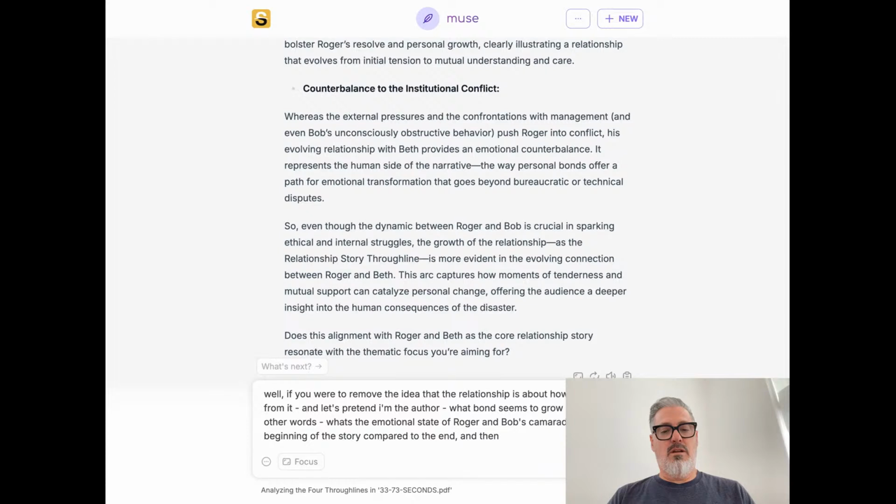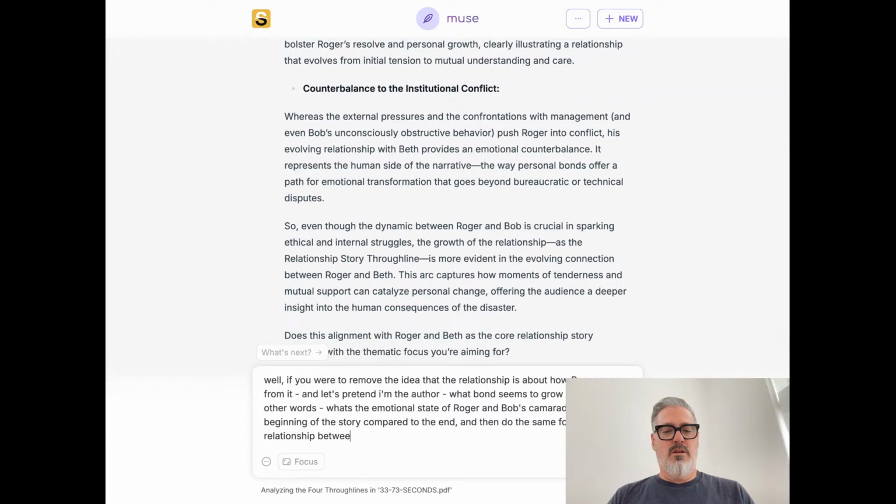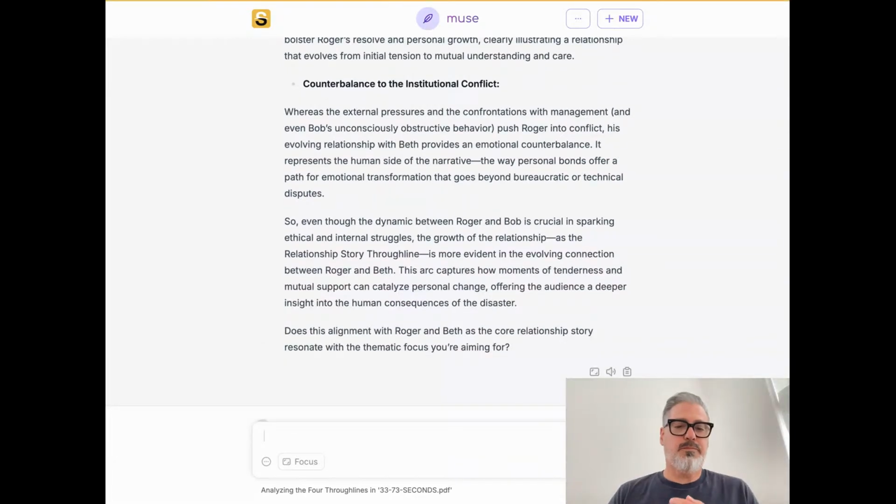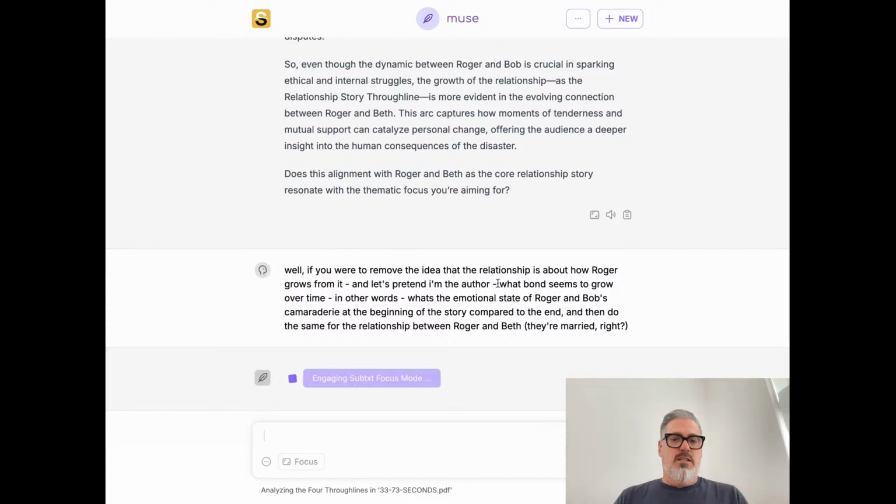And then do the same for the relationship between Roger and Beth. They're married, right? I have a feeling that's it. So I'm just asking a deeper question to see what happens here. All right. Do the same.